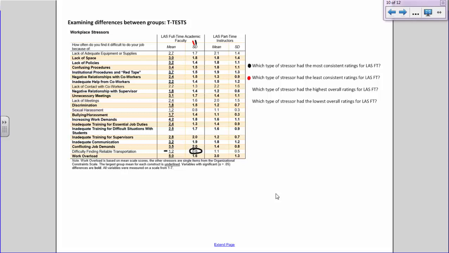In this case, that would be inadequate training for supervisors, and then there's also a 2 for conflicting job demands. So among full-time faculty in LAS, there's a lot of disagreement in how well supervisors are trained and how much job demands conflict with each other. There's a lot of disagreement.